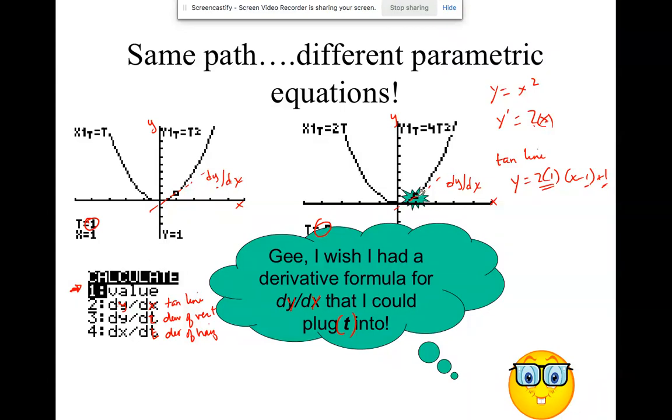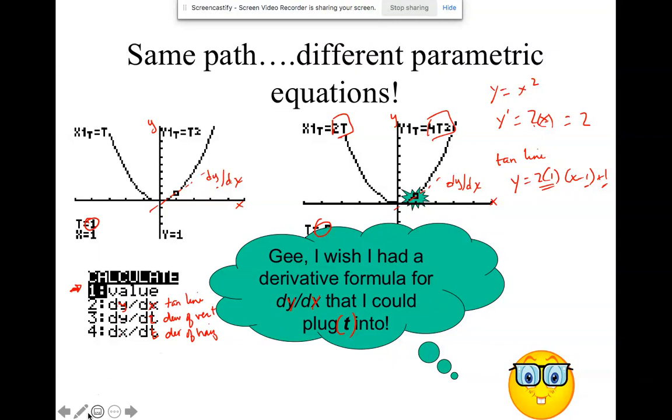If I was in parametric mode, you still have this in your calculator. Hit dy dx. Look what it asks for. The time. And you know what you're going to get? 2. But you're not going to get that for dy dt and dx dt.